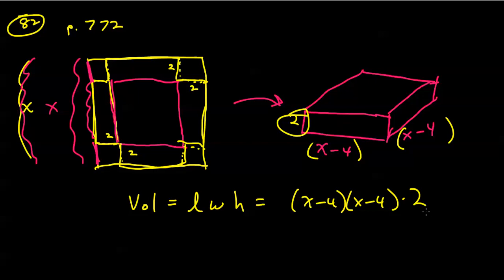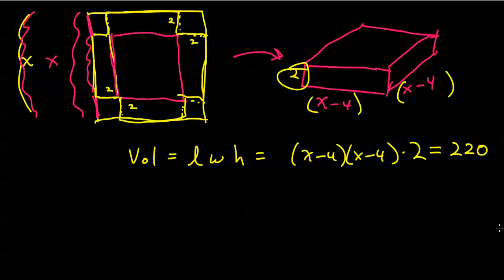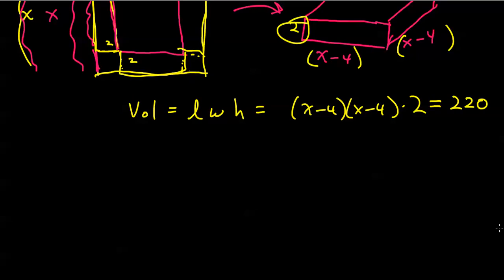So that's an expression for the volume of my box: X minus 4 times X minus 4 times 2. And the book tells us that the volume of this box is 220 cubic inches. I think you can see now we'll have an equation of degree 2 that I can get in standard form and hopefully use my quadratic formula.